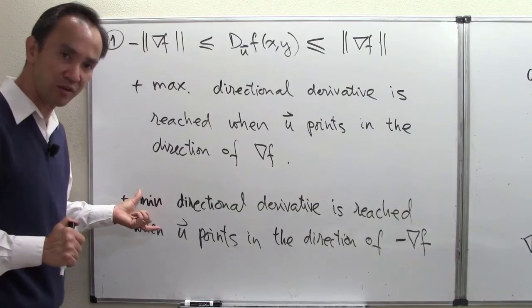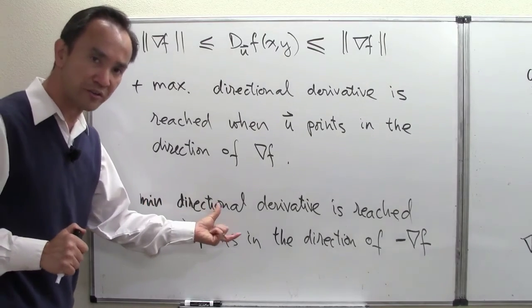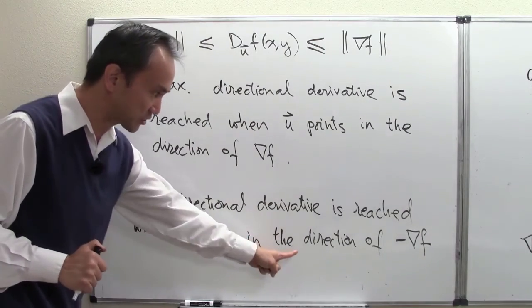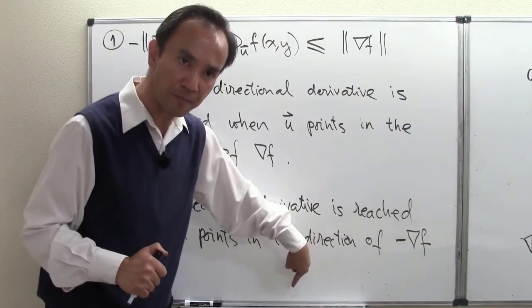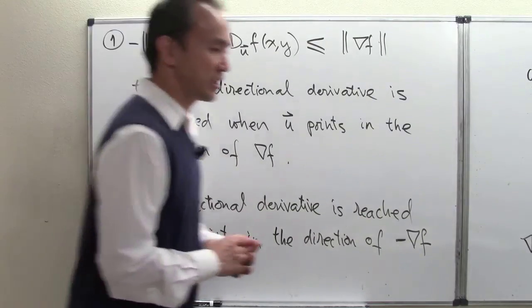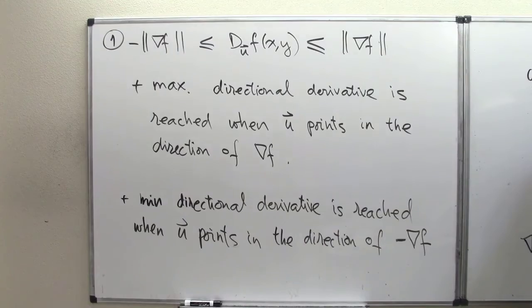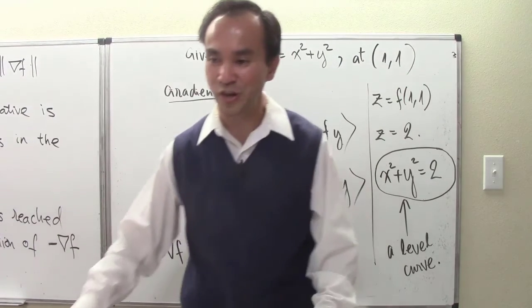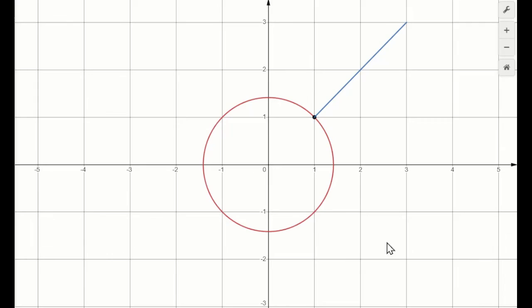And we can reach the minimum directional derivative if our directional vector u points in the opposite way. The further thing I want to demonstrate for everyone is that on this picture, you see right at that point there's a tangent line.